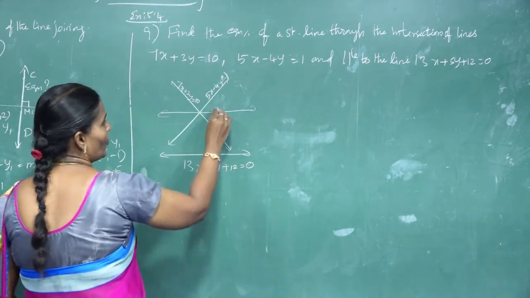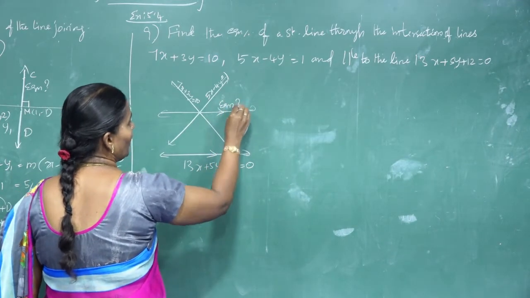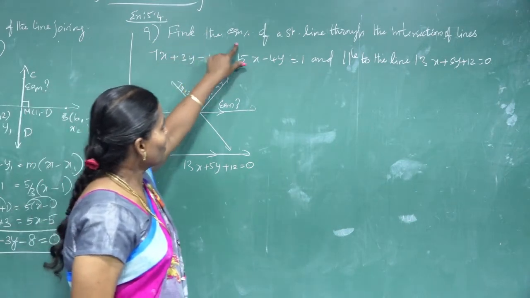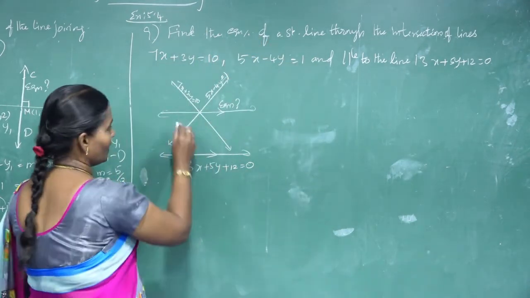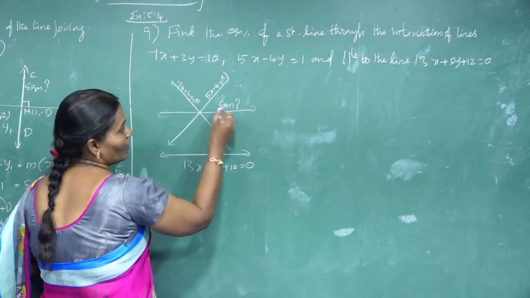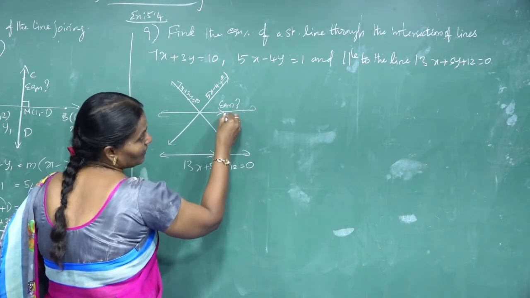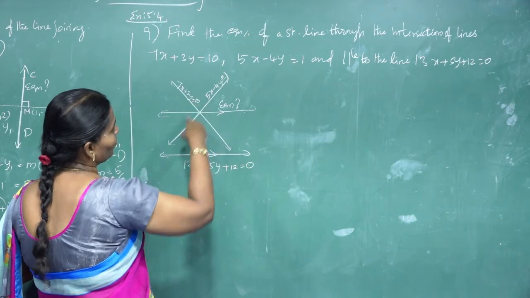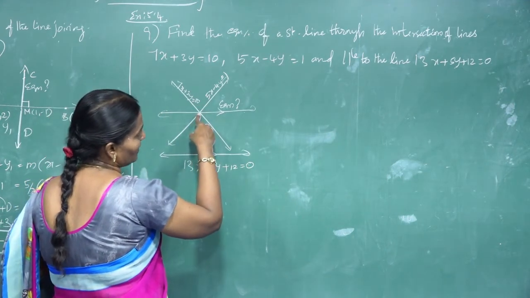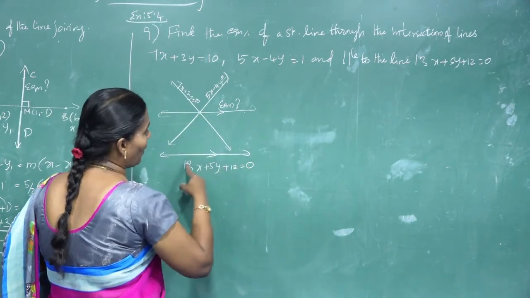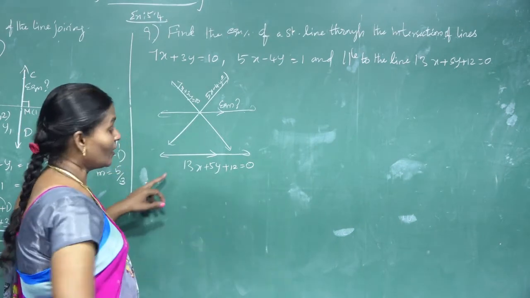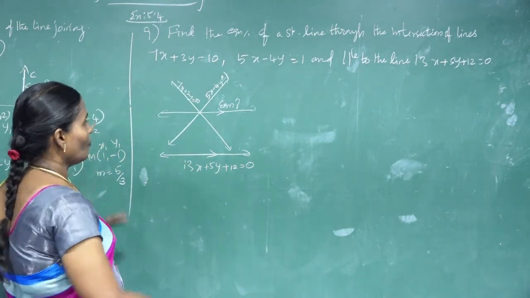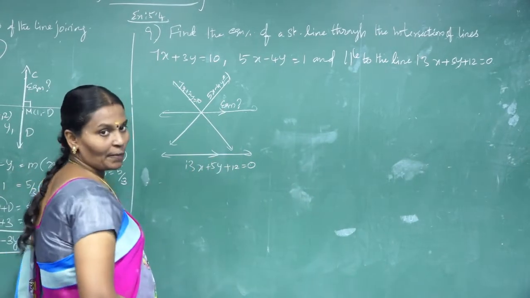Now you have to find this line's equation. Find the equation of a straight line through the intersection of the lines and parallel to this line. Understand, children? Now find the equation of this line.